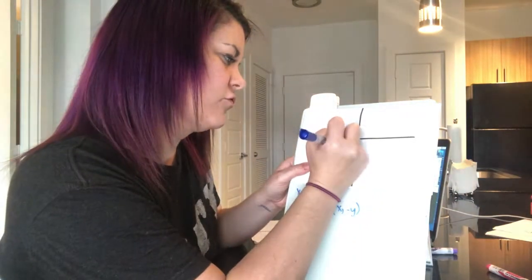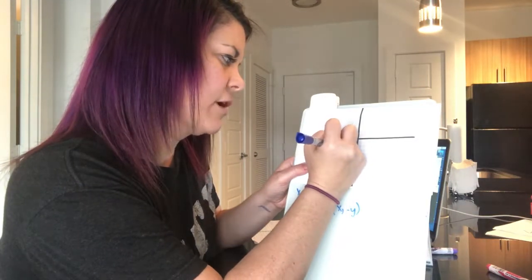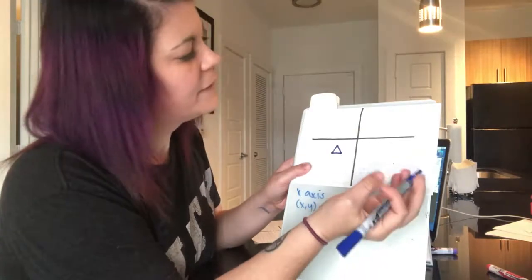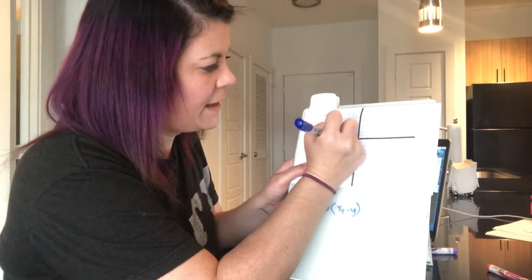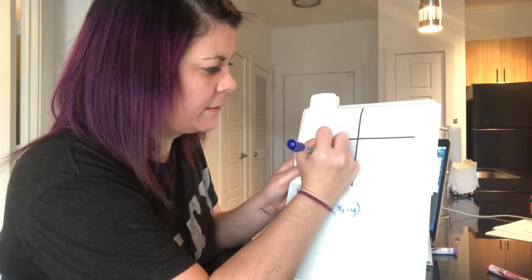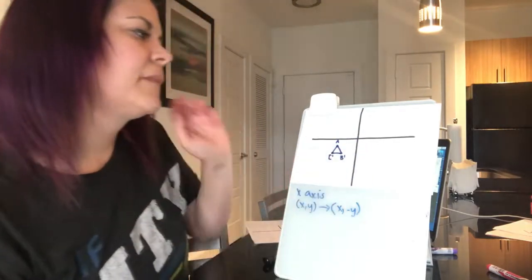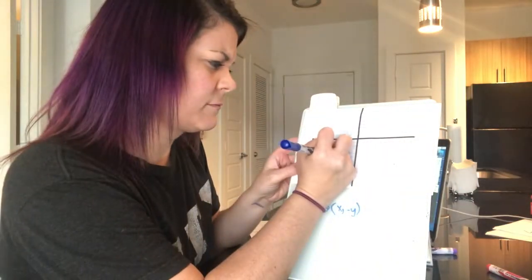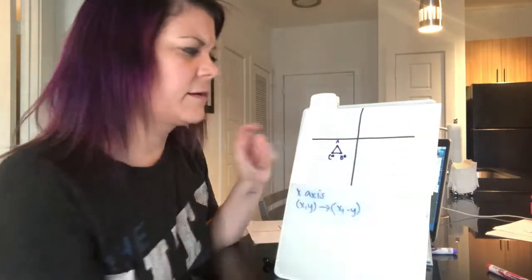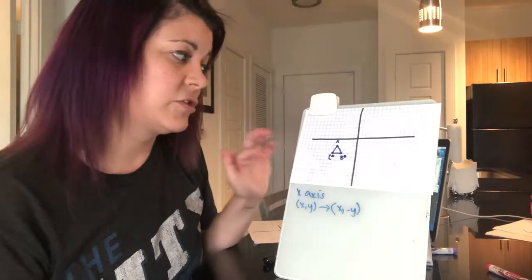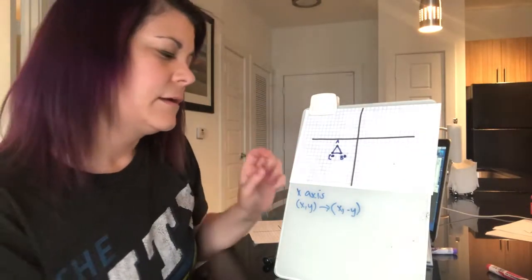I will draw a little triangle. That's A, that's B, and this is C. I don't know why I drew the prime things; we don't need those because that's not the image. This is the original, ABC.